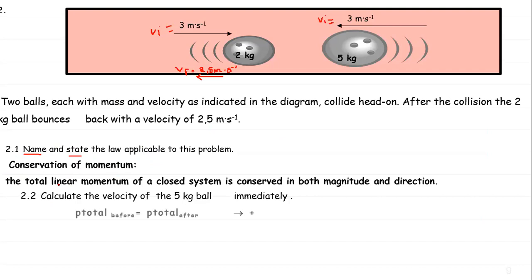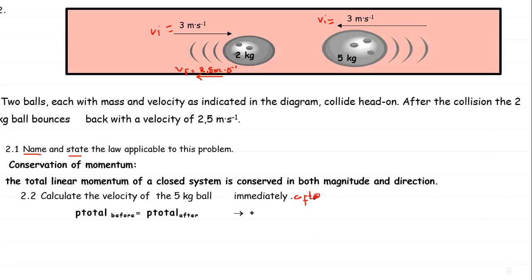Then we are required to calculate the velocity of the 5-kilogram ball immediately after the collision. Remember, this velocity before the collision was given.